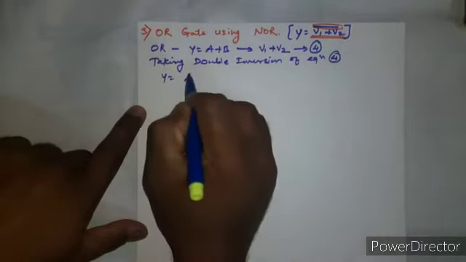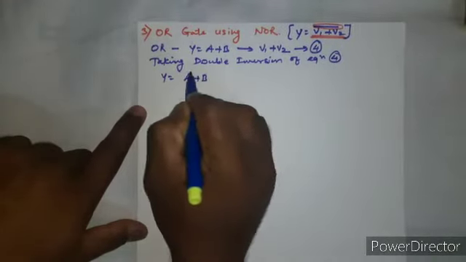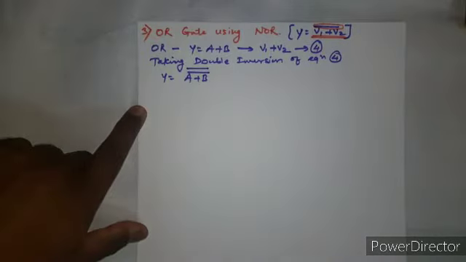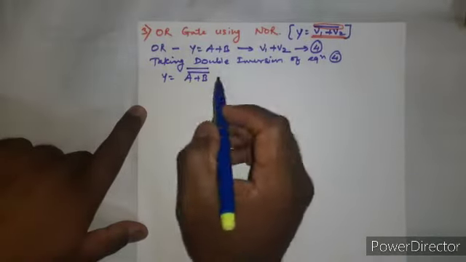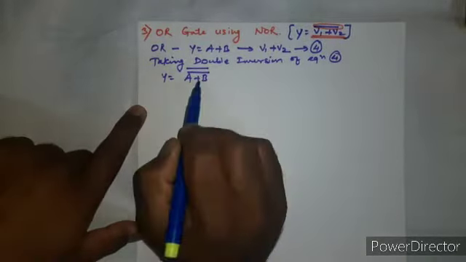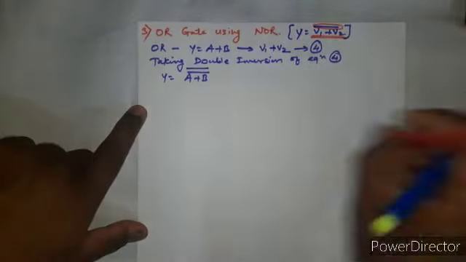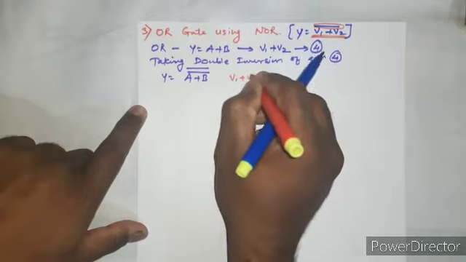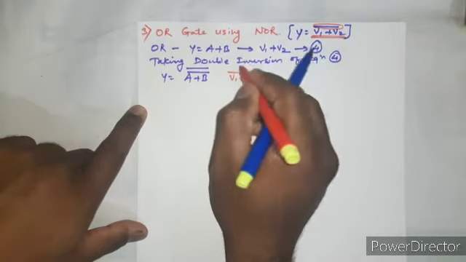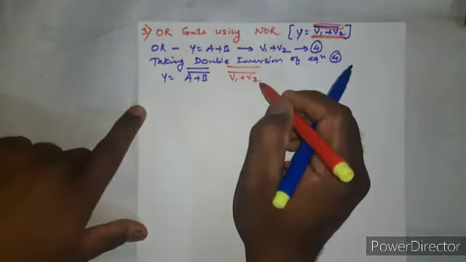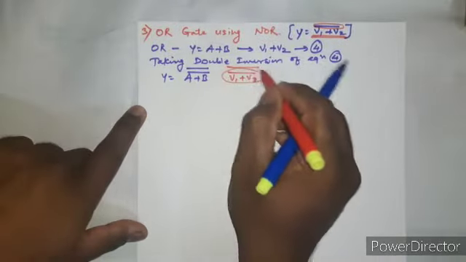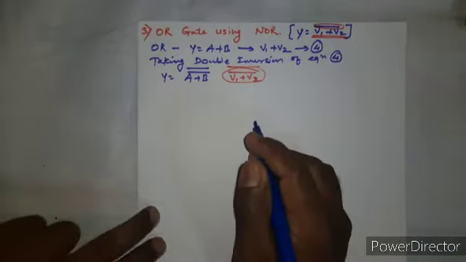So y equal to A plus B double bar, which is simply equal to A plus B. Now we have this in the form of variable 1 plus variable 2 whole bar with one more bar added here. We are looking for this form.